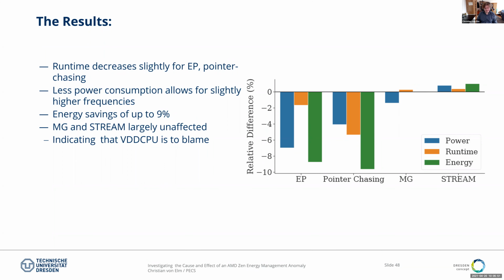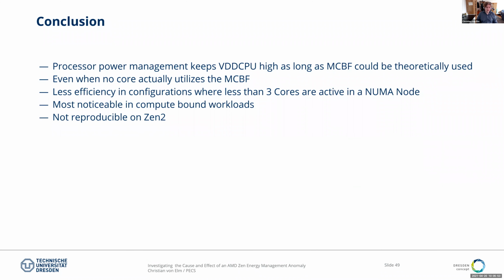So to conclude the work, what we have found out about the anomaly is that the processor power management keeps the VDD CPU, the global core voltage from which all other core voltages are regulated down, high, as long as the max core boost frequency could theoretically be used anywhere.